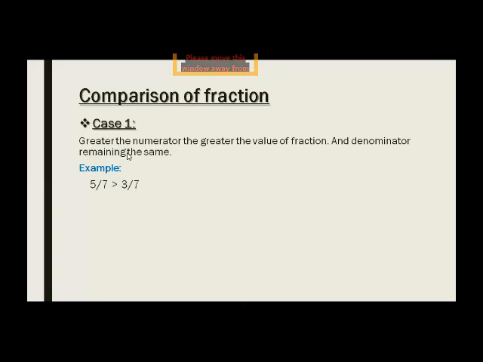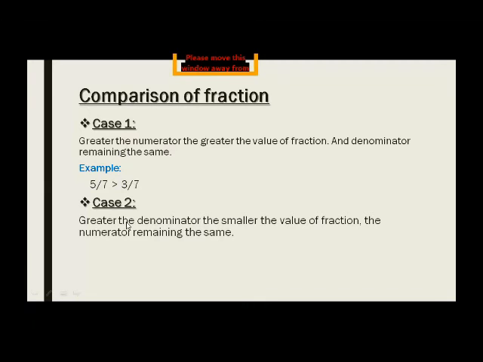When you compare two fractions, when the denominators are same, the fraction with the greater numerator will be greater. Now, case number 2. Greater the denominator, the smaller the value of the fraction, the numerator remaining the same.